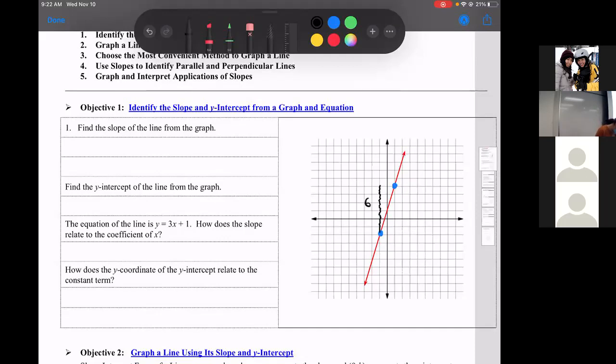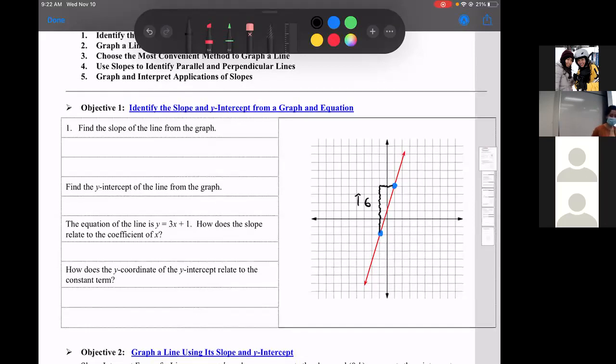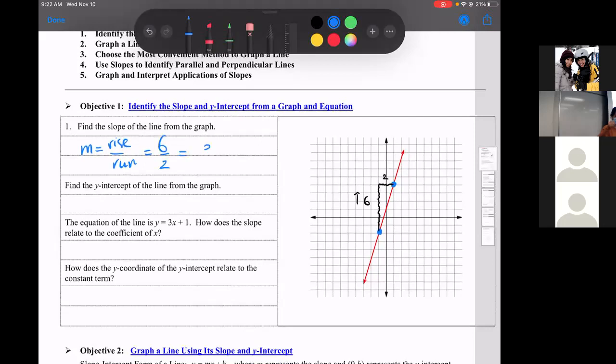I go up 6 units, and then you're gonna go to the right 2 units to meet the second point. So the slope is rise over run, which is 6 over 2. Yeah, which is 3.